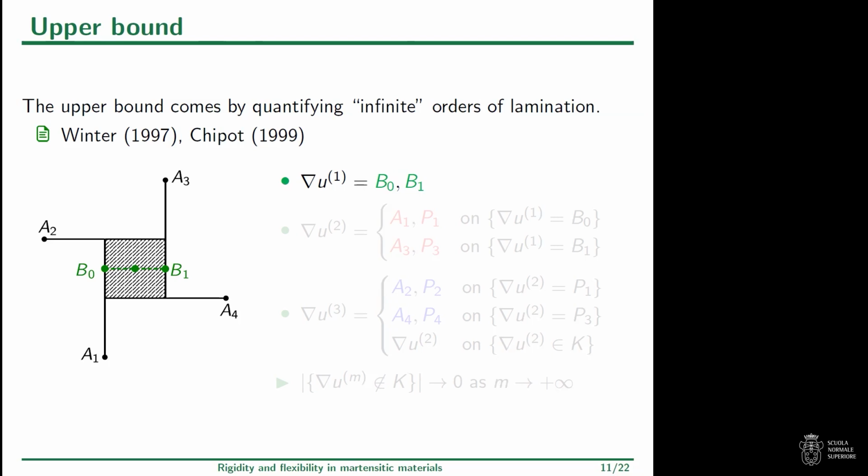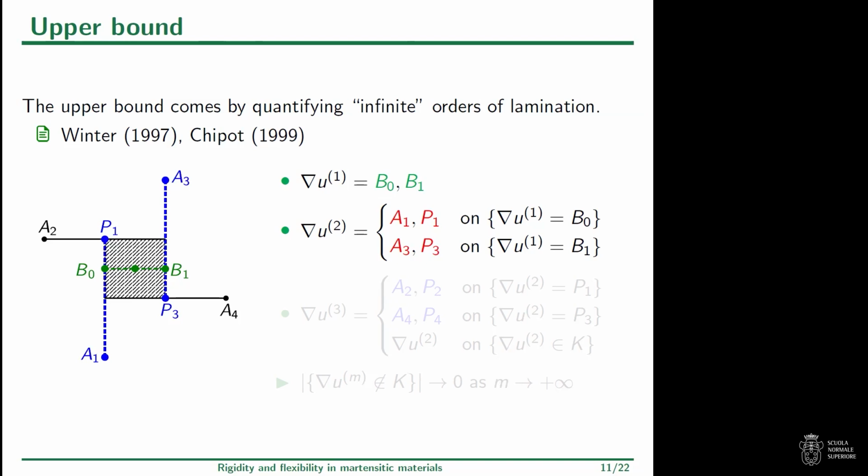But then I realize that I can proceed further, because B0 and B1 I can again approximate, thanks to lamination, with something closer to the set K. So I replace B0 and B1 with a second order lamination going in the opposite direction.